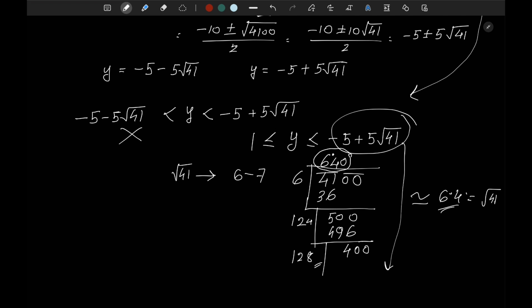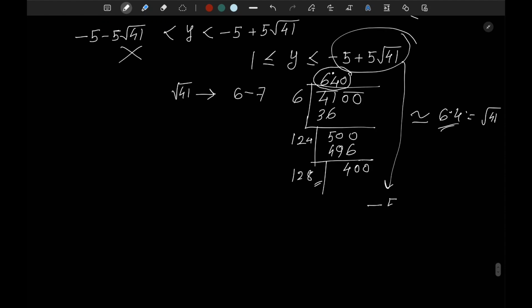So this value will be minus 5 plus 5 into root 41, which is 6.4, so this will be 32 minus 5 will give you 27, right? But as this thing is a bit greater than 6.40, the actual value will come slightly greater than 27.